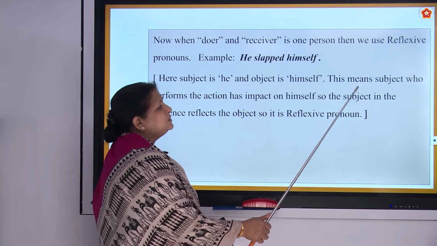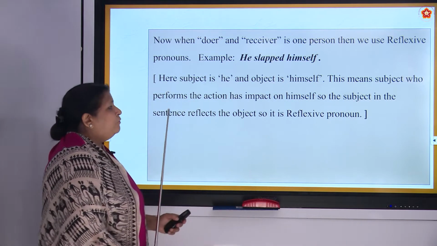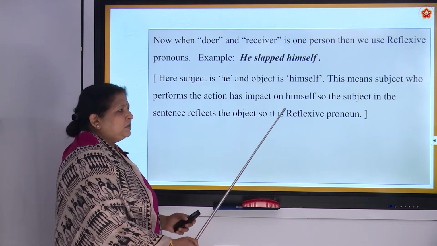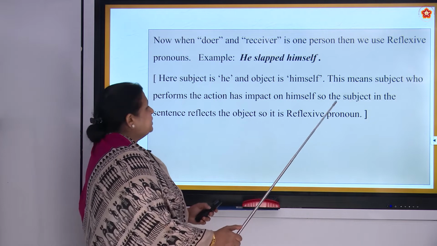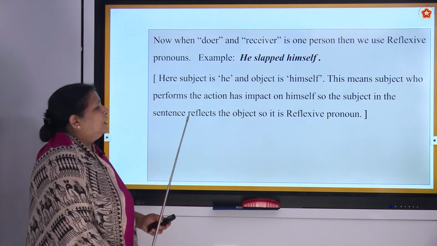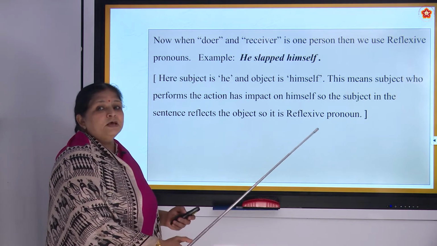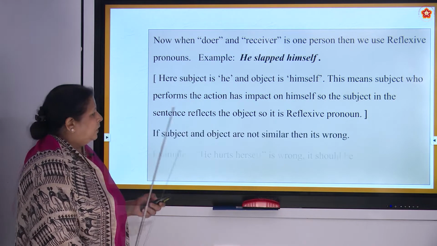This means the subject who performs the action has impact on himself. So, the subject in the sentence reflects the object, and it is called a reflexive pronoun.